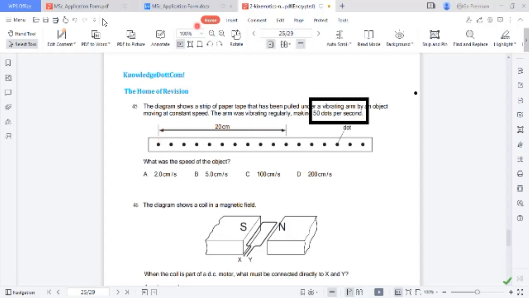It means each dot carries 2 centimeters of length. And how many dots are printed in 1 second? It says 50 dots per second. So we can convert the number of dots into length.